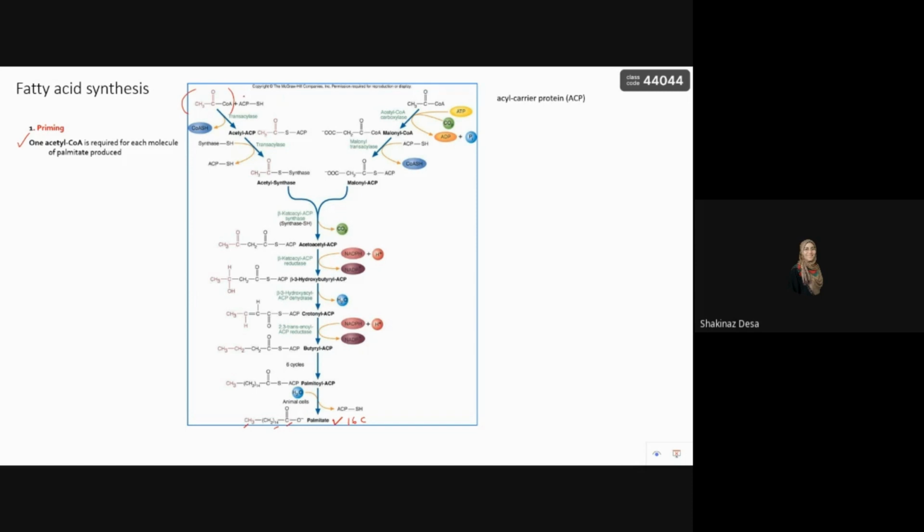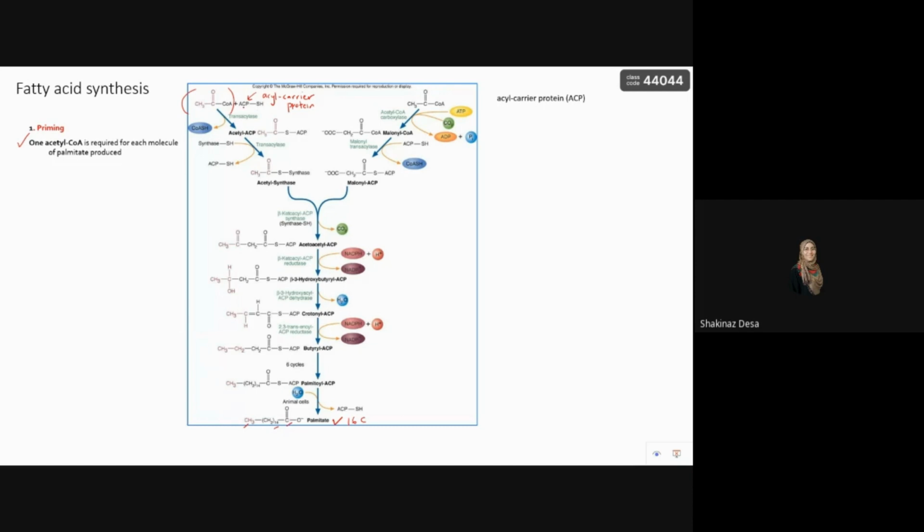If you look here, kita ada ACP. Apa ke nama ACP tu tadi? Acyl carrier protein. Recall balik page pertama tadi saya tunjuk, proses ni adalah ACP dependent, dia bergantung pada ACP tu.